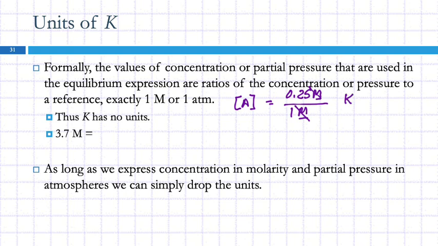If we're looking at the partial pressure of A, maybe it's 0.5 atmospheres, well, it's 0.5 atmospheres divided by a reference of 1, and so the units cancel out. You could say this is just a trick to get rid of the units. Well, maybe it is, maybe it isn't, but it's what they do. So 3.7 molar is 3.7 moles per liter divided by 1 mole per liter, and so that's just 3.7.